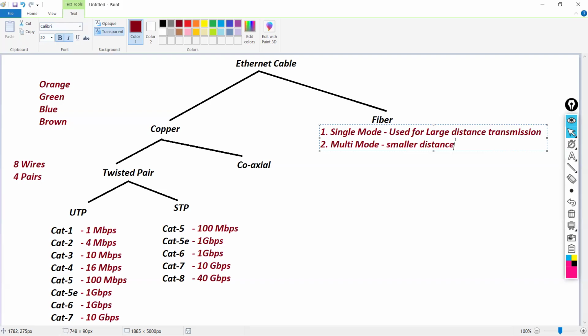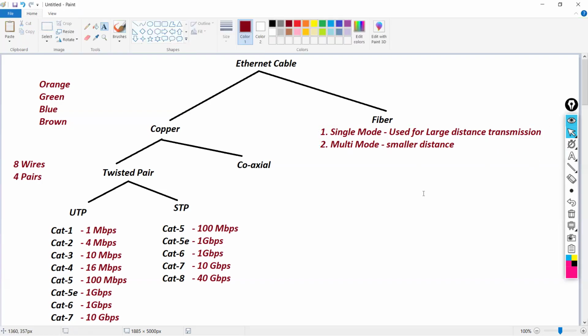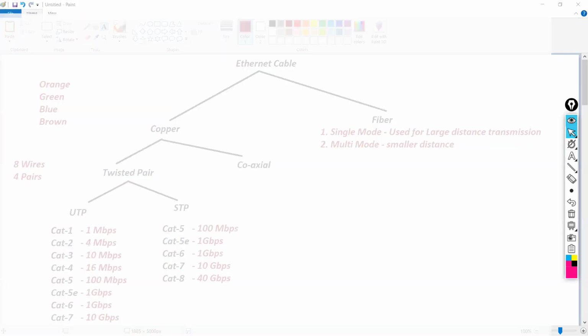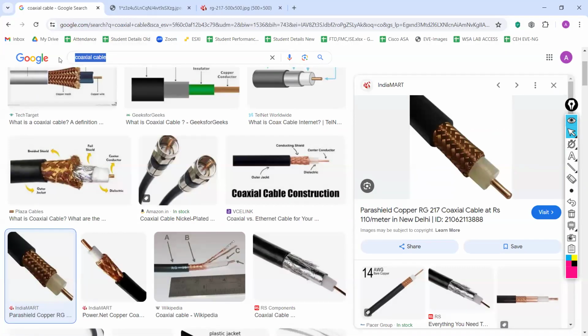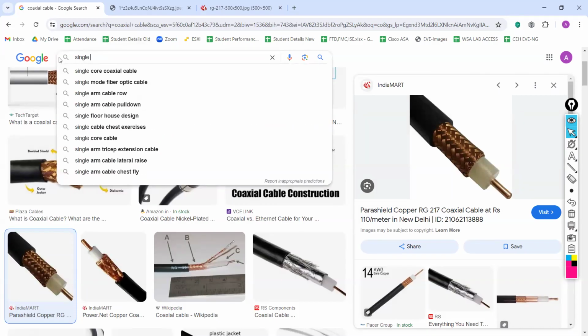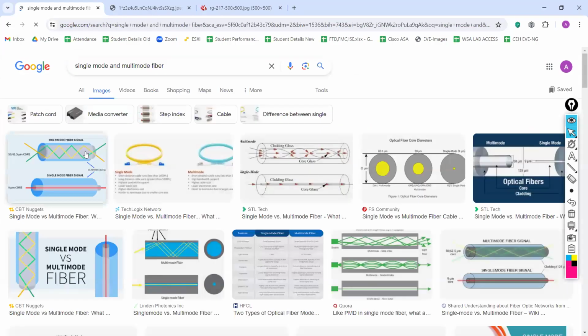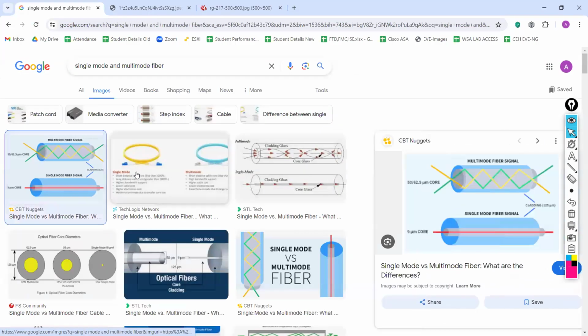Other difference, in single mode cable, only one signal will be traveling, while in your multi-mode cable, multiple signals will be traveling at the same time. So if you want to see how they look like, single mode and multi-mode, you can check this diagram.